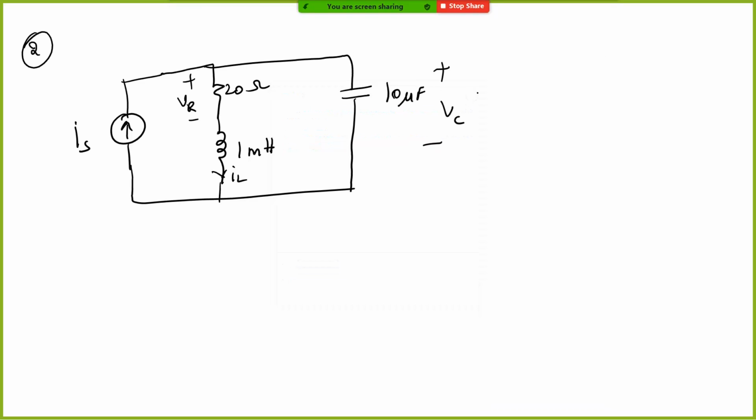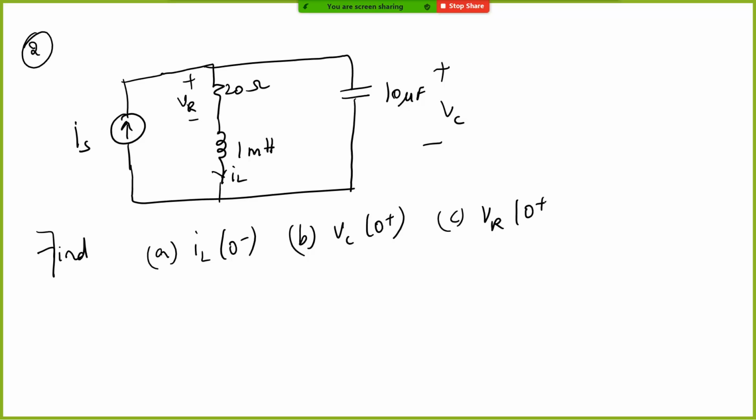Now the question here is, find IL of 0 minus, VC of 0 plus, VR of 0 plus, IL of infinity, IL of 0.1 millisecond.